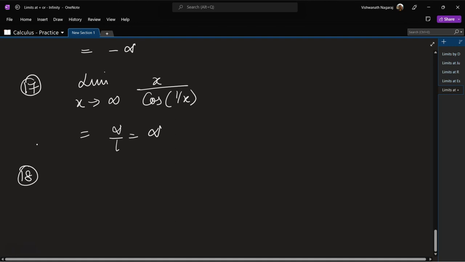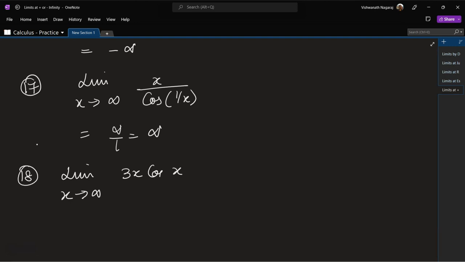18th one. Limit as x goes to infinity of 3x cos x. Now, here you have to be careful and realize that cosine is a periodic, repetitive kind of function.